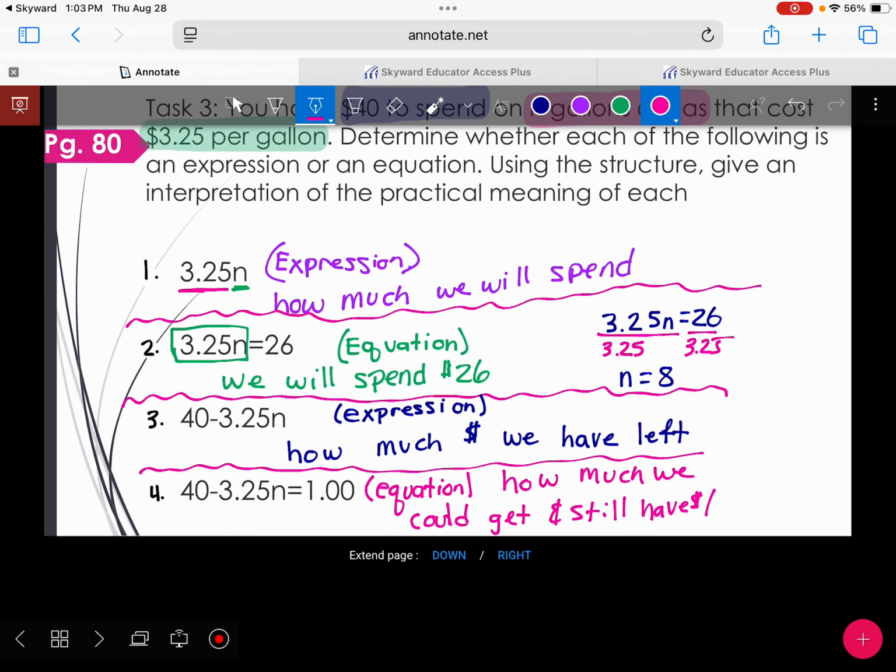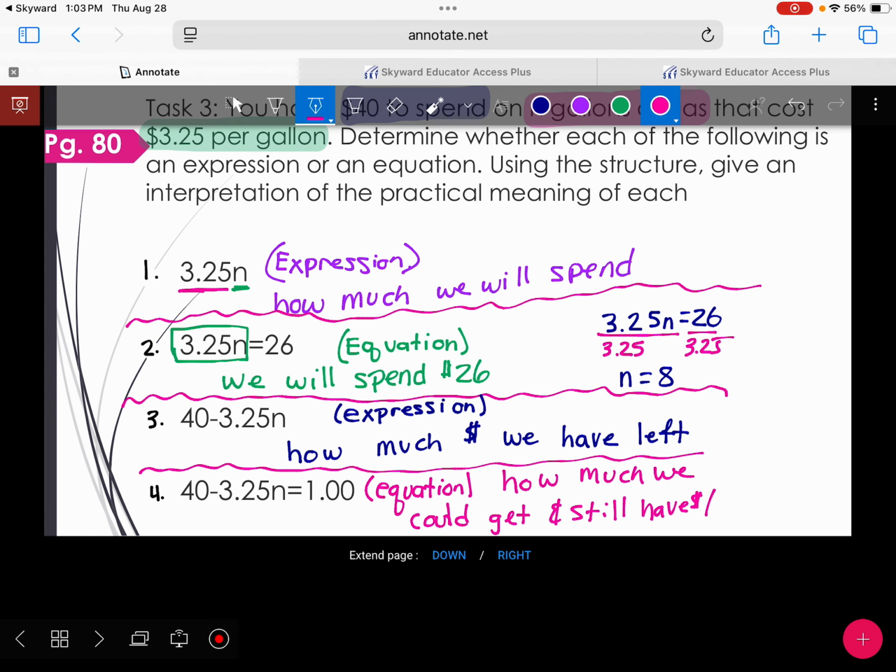Oh, I had more space. Zoomed in further than I thought. So it's how much money we could spend. We know that this expression we just talked through tells us the money we have, and I took away what we spent. This says, when will what I have left just be $1?